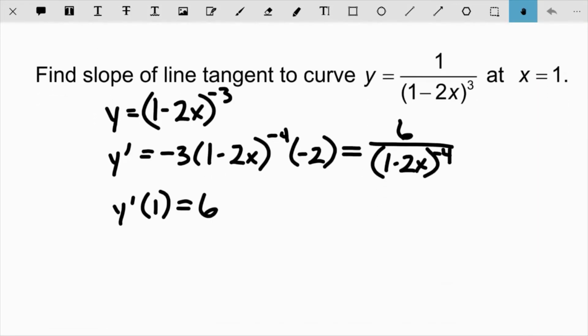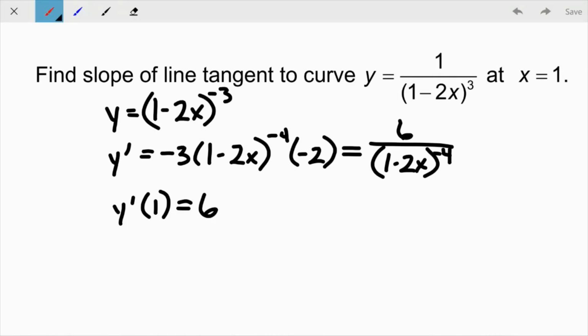Here's an example of the same types of problems that we've been doing, but now instead of using the quotient rule, I chose to do this with the chain rule. So 1 over 1 minus 2x quantity cubed. Really, I would be using the chain rule either way, but the chain rule allows me to simplify this a little bit. So I rewrote the function as 1 minus 2x to the negative 3 power.